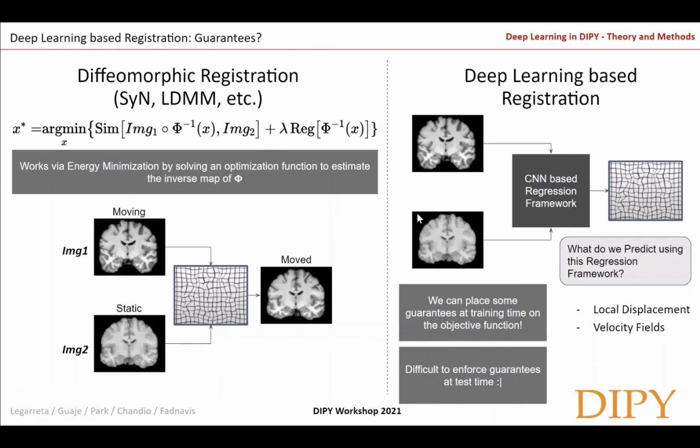But in the case of deep learning based, it is a little more conservative. It can avoid going too far away because it is based on a cohort, a set of data that it has been trained on. But it also has a downside that you may not be able to register as well as the diffeomorphic registration if this regression framework has never seen that type of deformation.